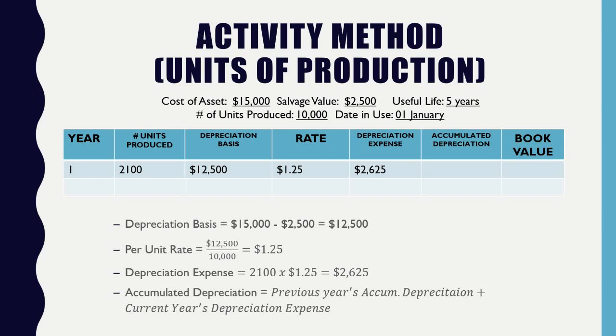We're looking at the factor here that in grand total, I need to make a whole total of 10,000 units over a span of 5 years. In this case, I only produced 2,100 for this year. So that's how I determine the depreciation expense for year one. Okay.